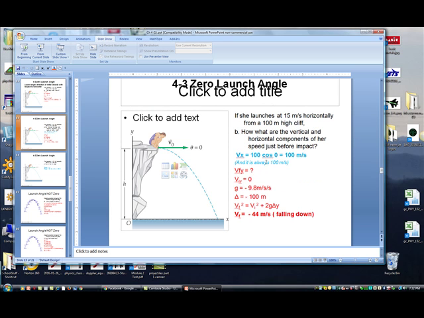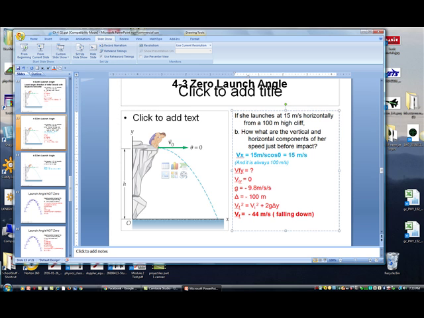There's a mistake here, so we're going to correct that quickly. Her Vx, in this case, there's no angle, so it would be equal to 15 meters per second times the cosine of 0, which is 15 meters per second forward. So her Vx is always going to be forward 15 meters per second.